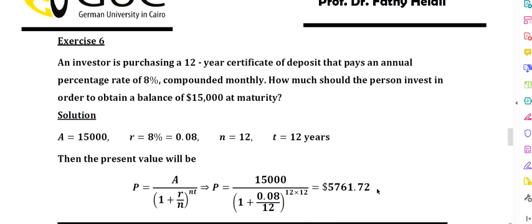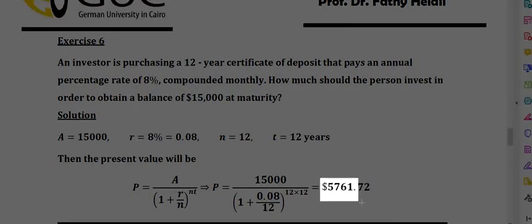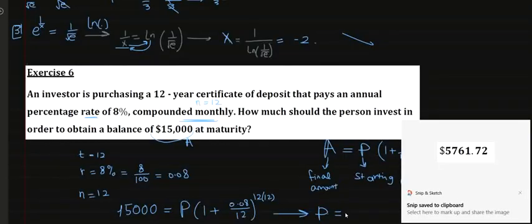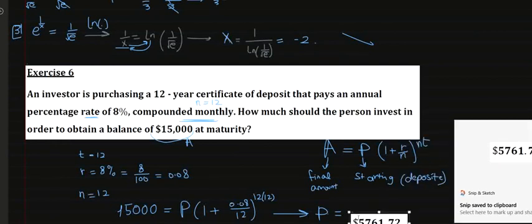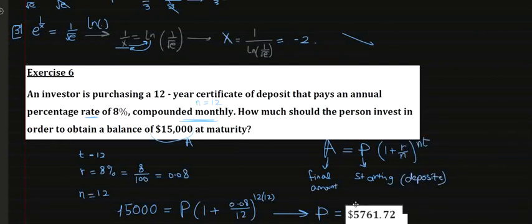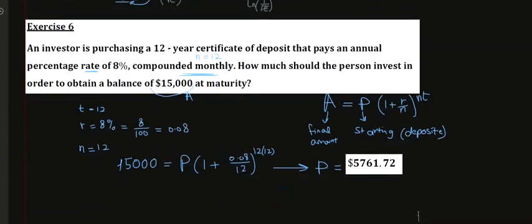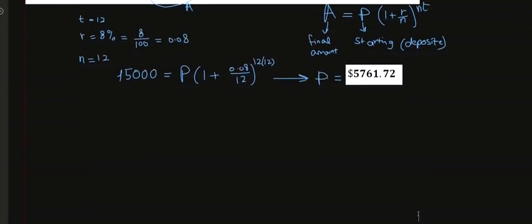Then you will be left with that amount as the deposit. This amount should be deposited in order to have that balance at maturity, at the end. Okay, let's move to the next exercise. Exercise 7.